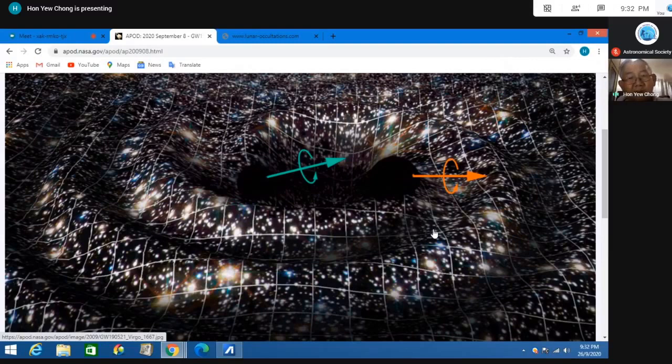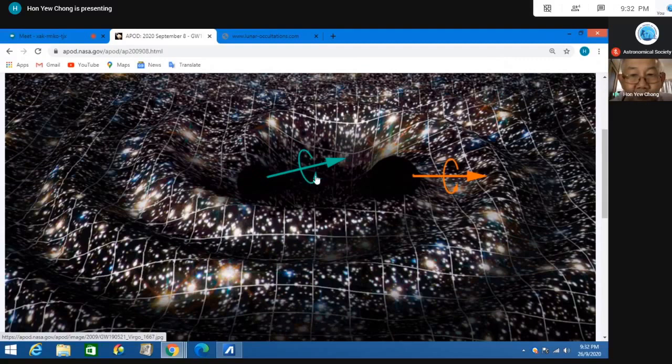Remember, black holes they discovered many years ago, stellar black holes, from a few solar mass to maybe 10 or 15 solar mass. And then you have also supermassive black holes, the one in the center of the Milky Way, 4 million solar mass, the one in M87, 6 billion solar mass. But they are now beginning to find black holes that are in between stellar and supermassive.